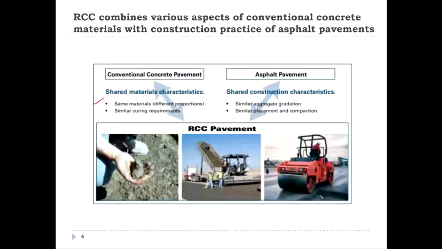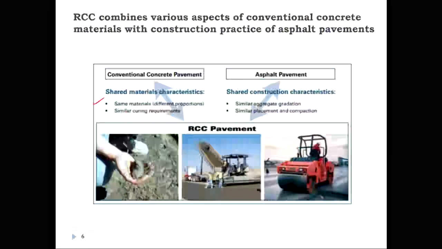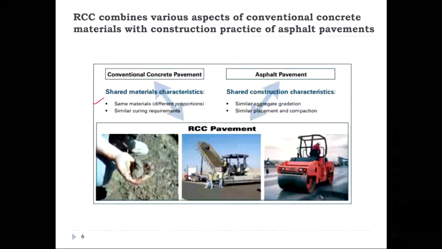Now let us see the similarity of roller compacted concrete pavements with asphalt pavement. When you compare this with an asphalt pavement, the aggregate gradation in the case of a roller compacted concrete pavement is a dense graded gradation, which we normally use in the case of an asphalt mix.